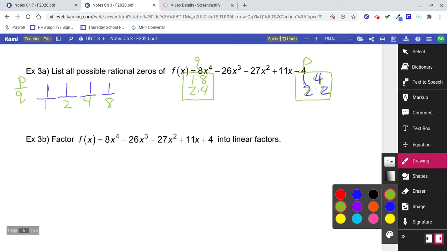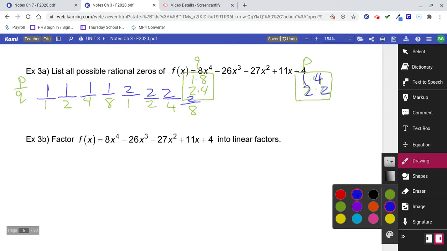So I took the first blue number and divided by each of those green numbers. Now go to the next blue number. You've got 2 over 1 and 2 over 2 and 2 over 4 and 2 over 8.